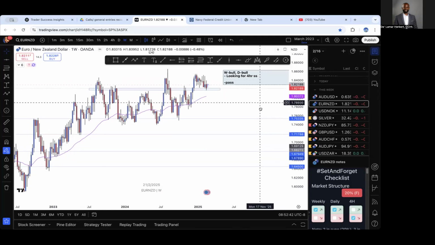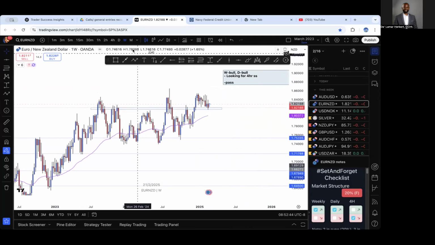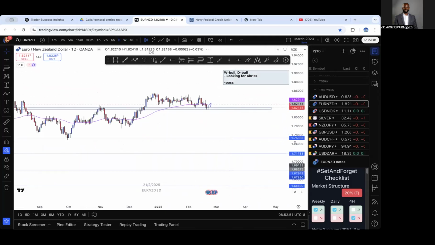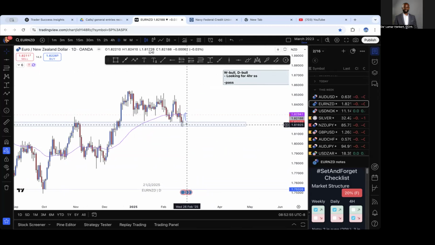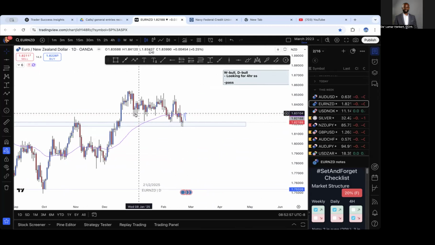Euro NZD. Okay, weekly is bullish. Lower, higher low, higher high. Daily looks like bearish. Interesting. Looks like bullish actually. Yeah, this is still bullish. It's not a clear pullback here.